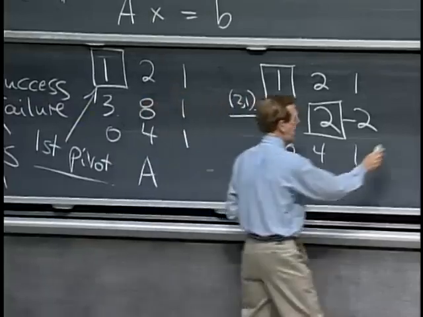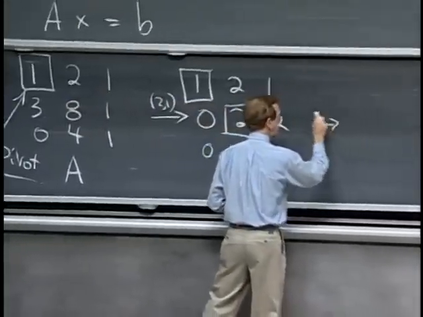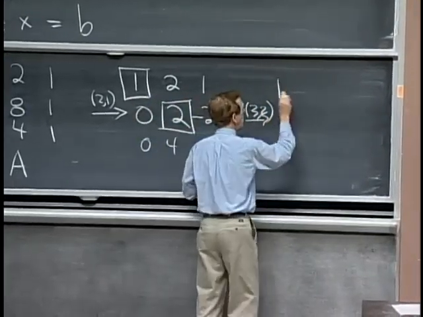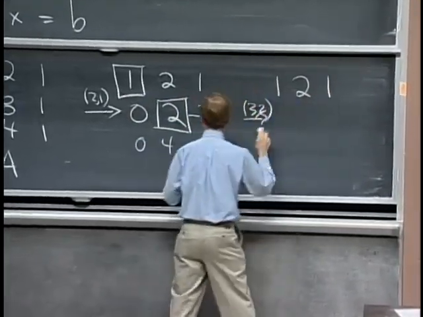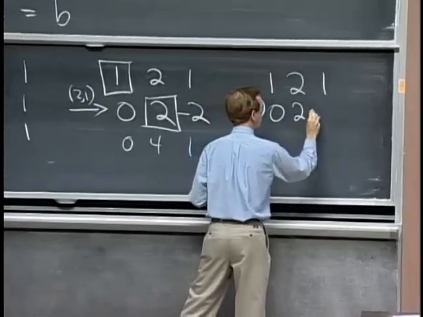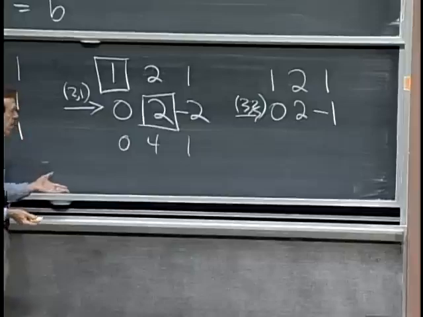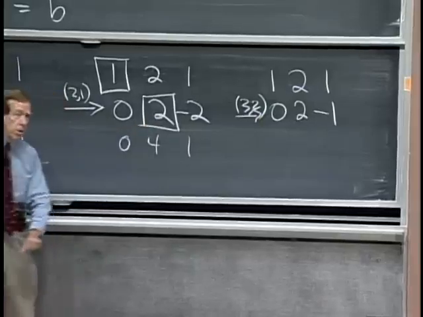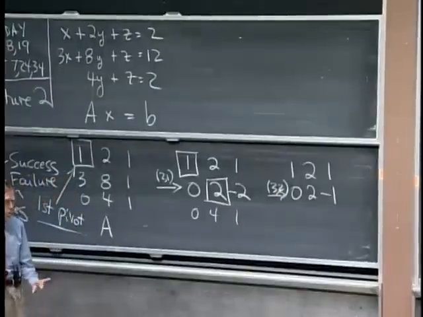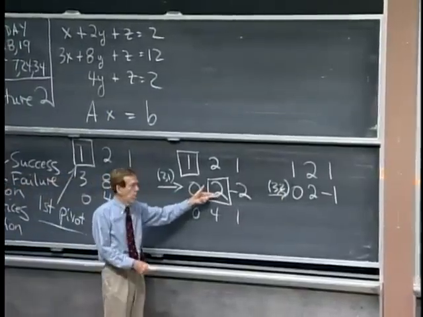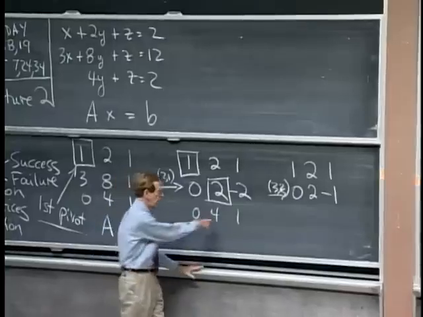And now I'm going to take the 3, 2 step. So this all stays the same. 1, 2, 1, 0, 2, -1. And the pivots are there. Now I'm using this pivot. So what's the multiplier? 2. 2 times this equation, this row, gets subtracted from this row and makes that a 0.